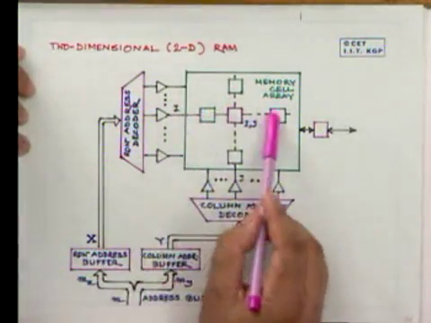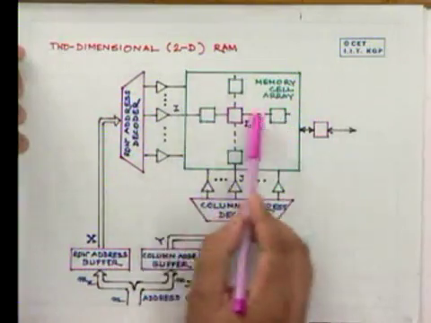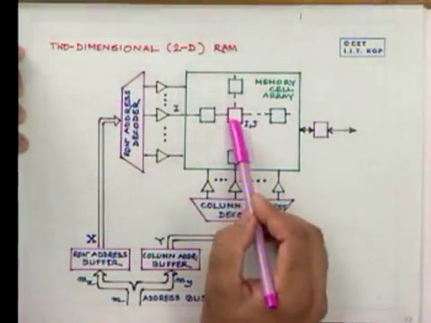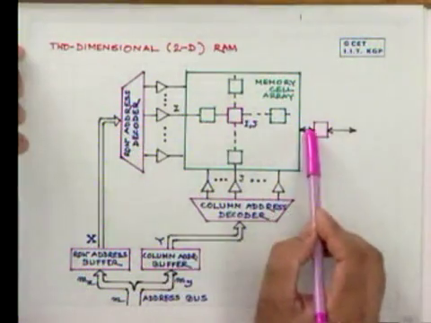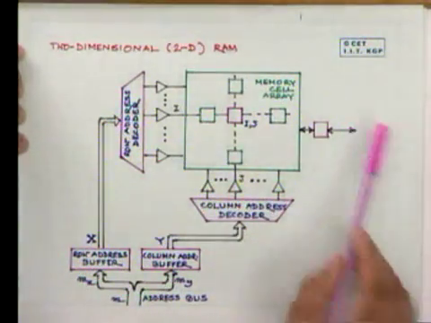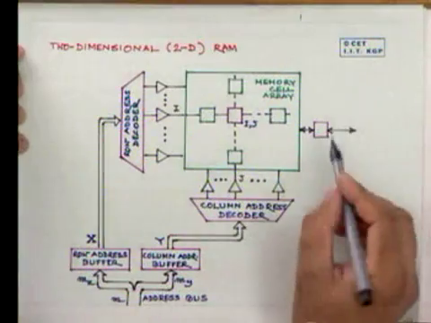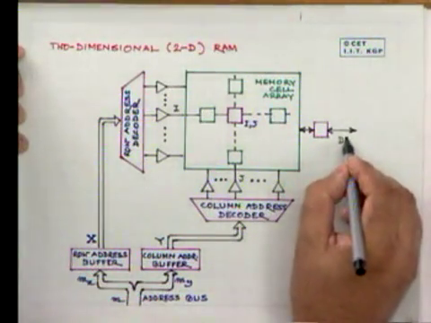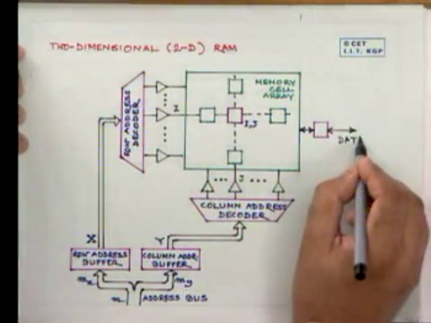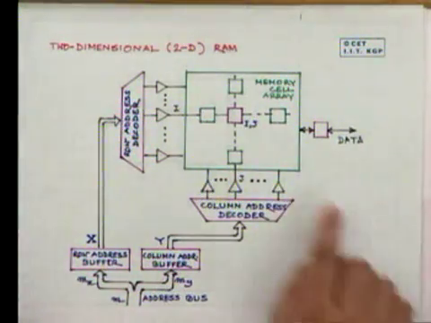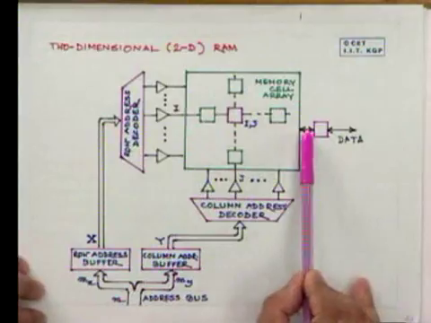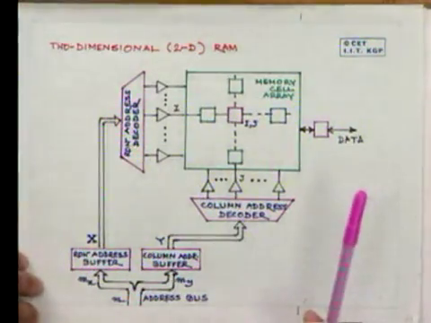Similarly, other cells in this row are half selected. This particular ij cell is fully selected, which is sensed in the case of a read, so that data out or data in, this is our 1-bit data, is either read out or written into.